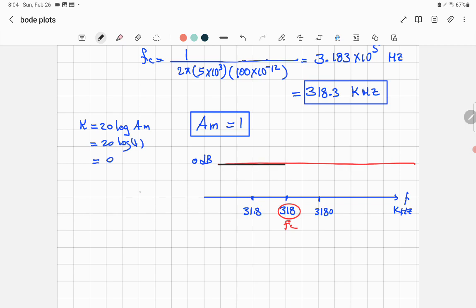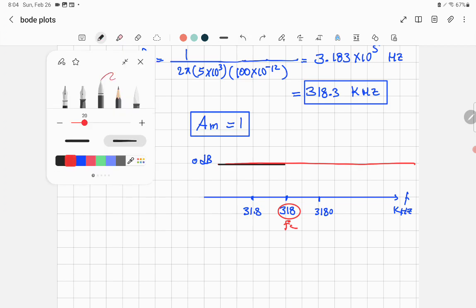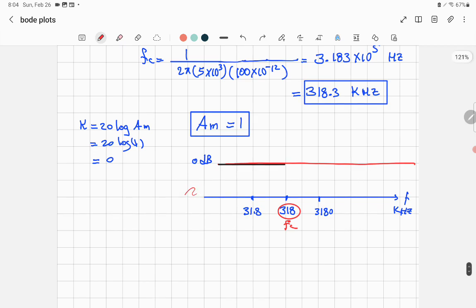And after that, I expect it's going to be a slope of negative 20. You know how to do the slope equal to negative 20. We'll go down by 20. So I'll make this negative 20 decibel and the top positive 20. So I make the distance here 20. So I go down 20 and then I go 10. That's why I'm dividing everything by 10.